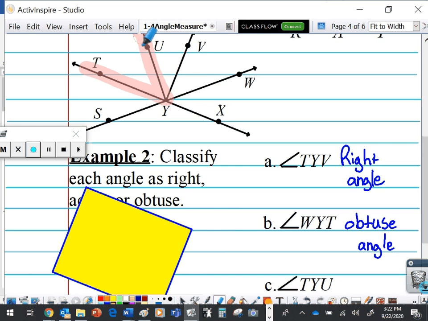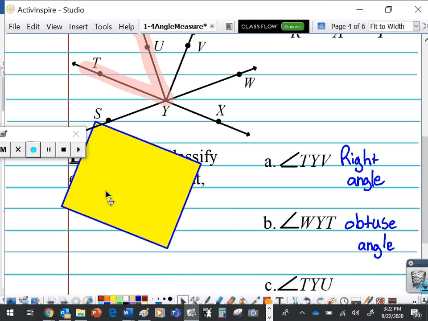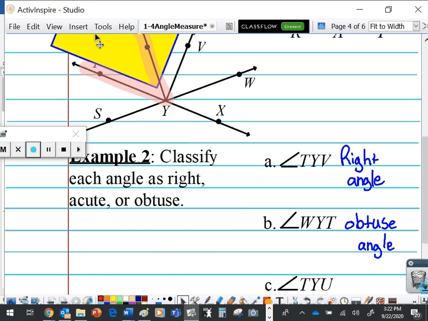We'll take our paper, we'll put the edge of that paper right on one of the sides of the angle, slide the corner of the paper right up to the vertex, and compare. Now this time, angle TYU is underneath the paper, meaning that it's less than that 90 degrees. So here, we can say that angle TYU is an acute angle.